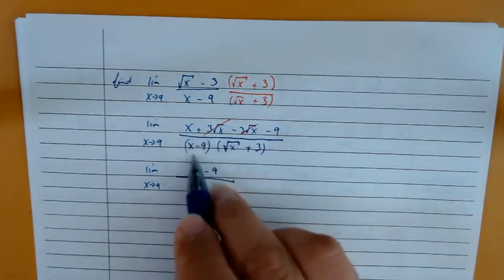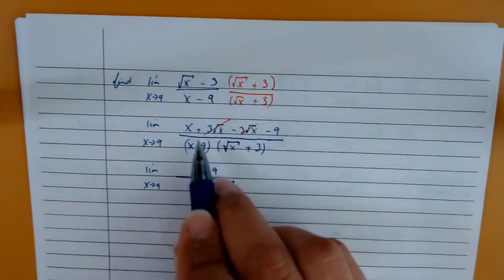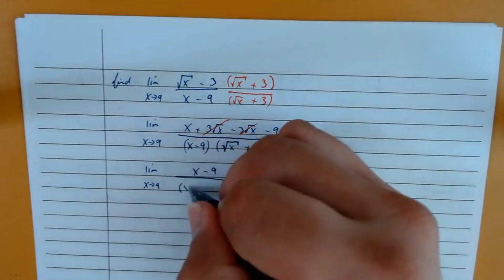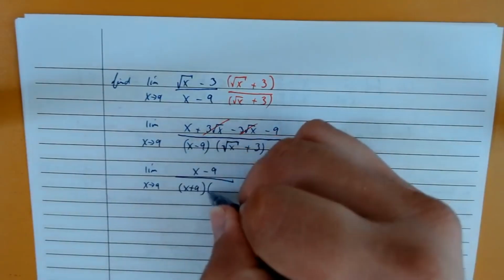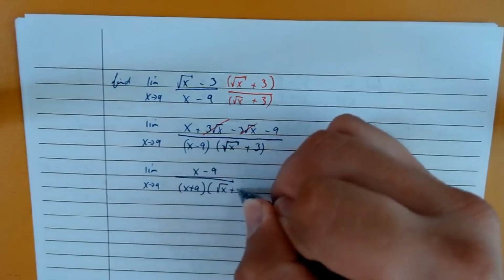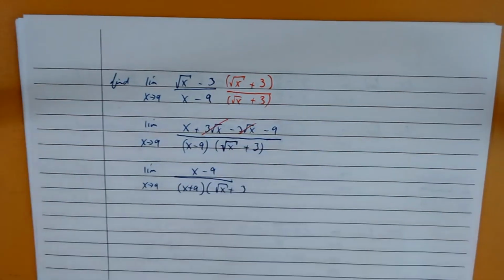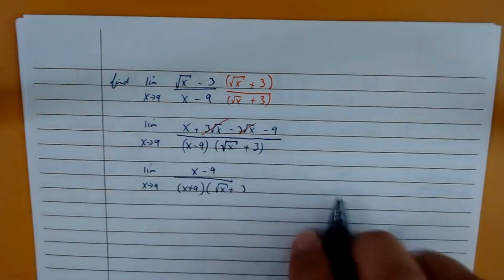over x minus 9. And now you see why we didn't distribute, because that one exactly as it is is going to divide that expression on the top, times root x plus 3. And now, as long as you don't, that should be a minus.